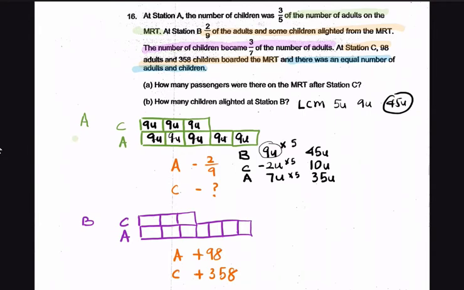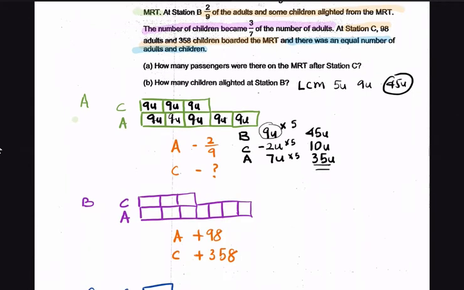Now for the adults, we know that after is 35, correct? If after is 35, which means here is also 35 units. And every part is 5 units. Okay, so for children, likewise, it's also 5 units.